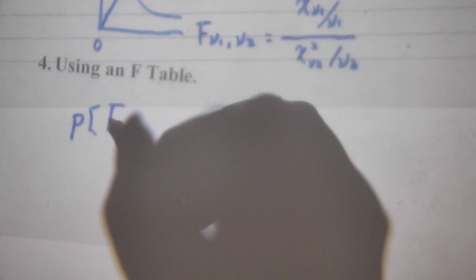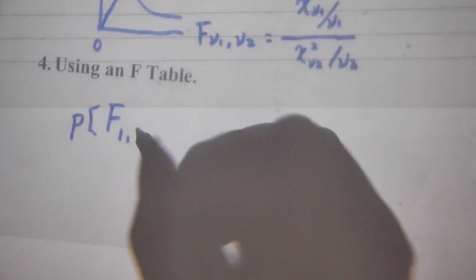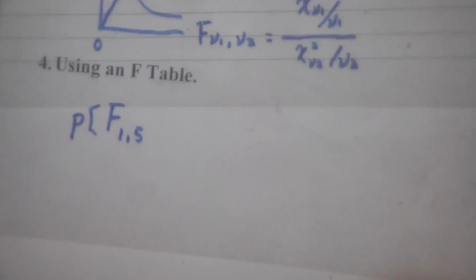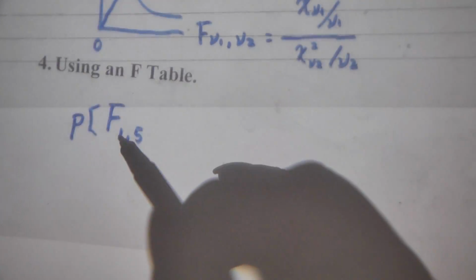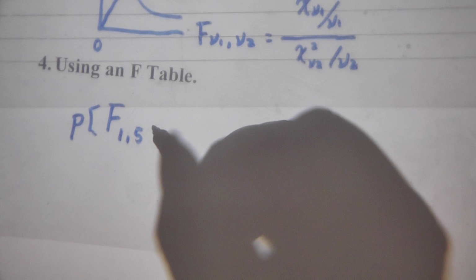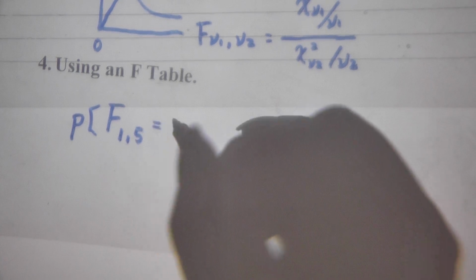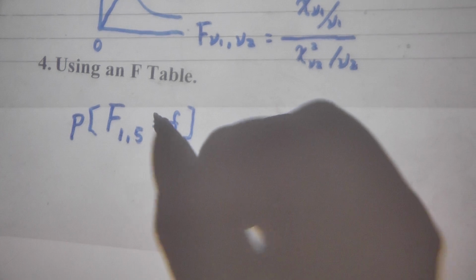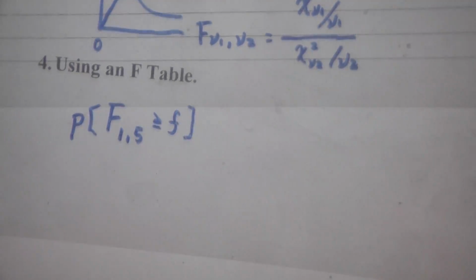For example, for the F random variable with degrees of freedom for the numerator 1 and degrees of freedom for the denominator 5, I want to find out what the corresponding F value is. Okay, so when the probability that F with 1 and 5 degrees of freedom is greater than or equal to F is 5%.